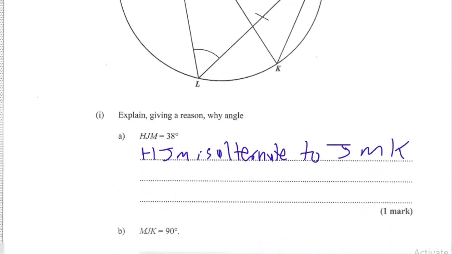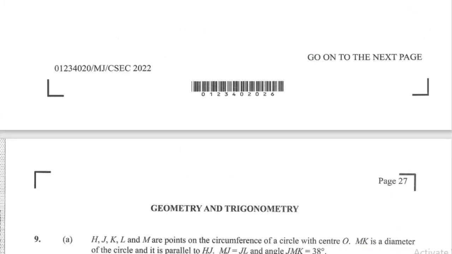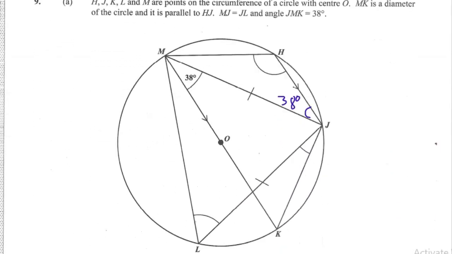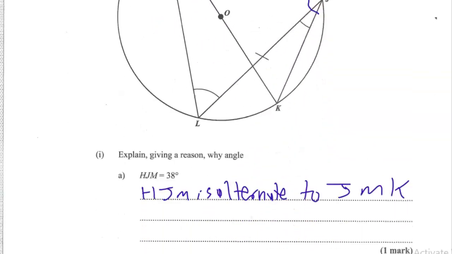Next, we are told MJK is 90. Which angle is MJK now? MJK, that's this angle. Notice this angle is formed from the endpoints of the diameter to meet on the circumference, and that's a circle theorem.